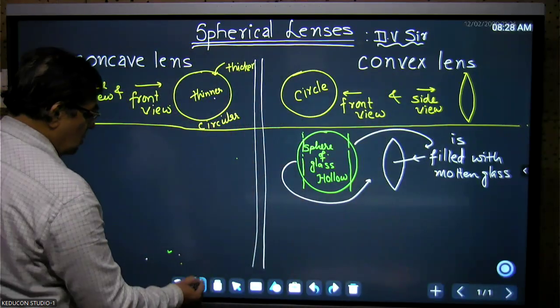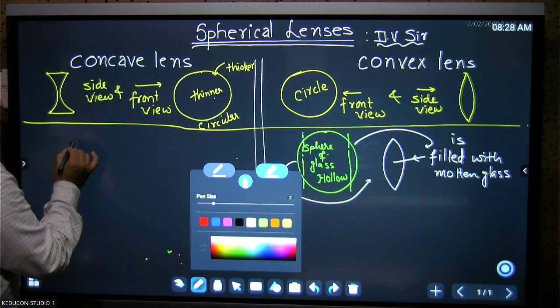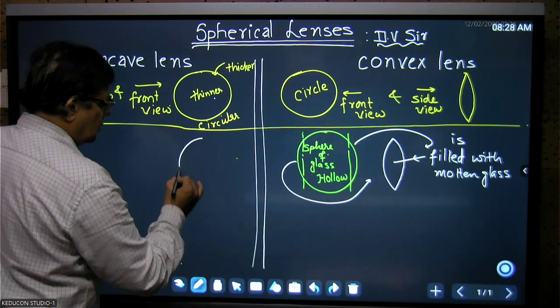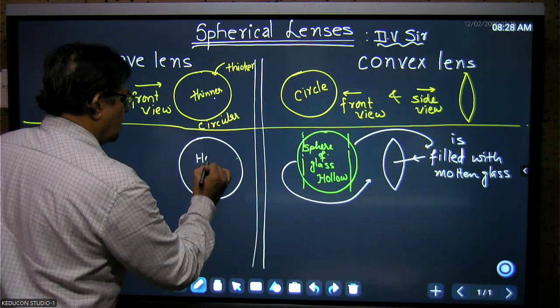How to make concave lens? Just pay attention. Here, I have taken the hollow glass sphere.